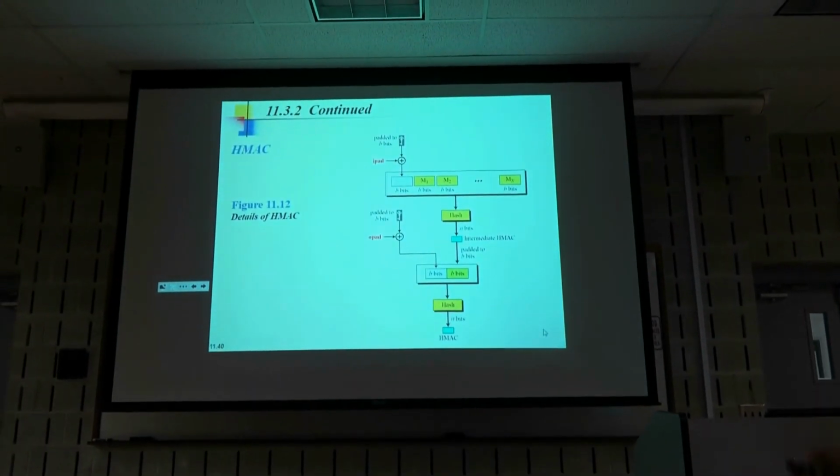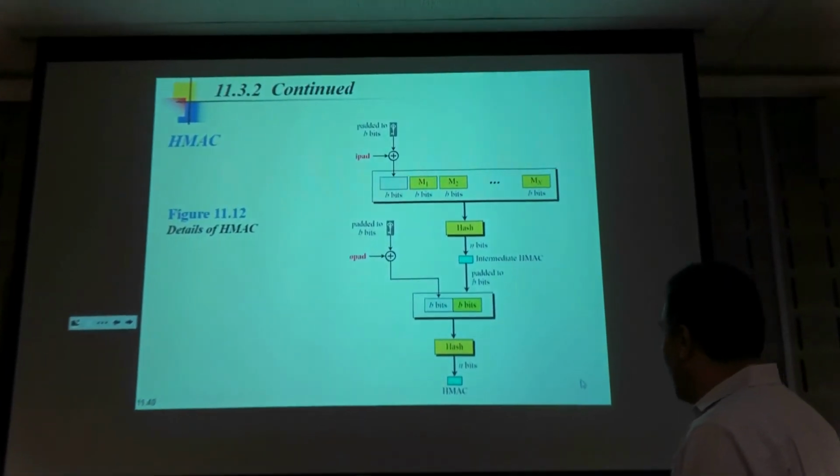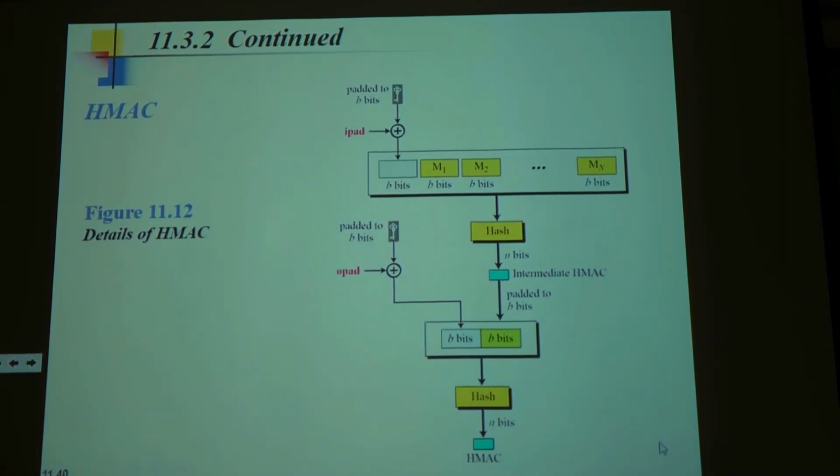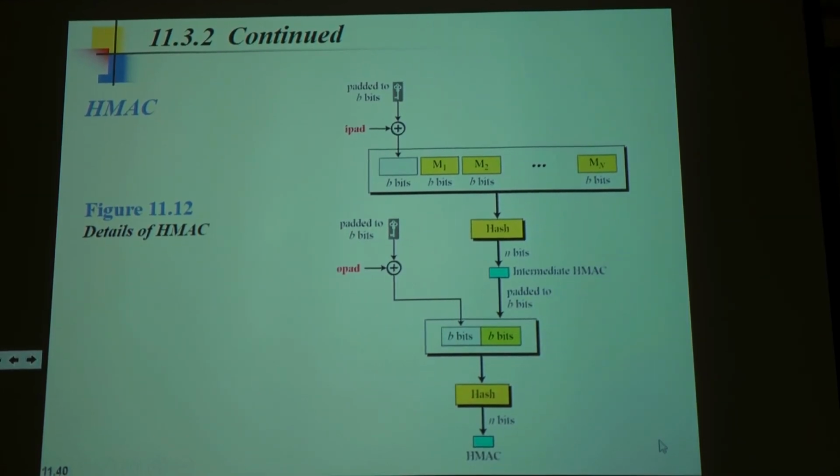In here, there is something called HMAC, which is the hash MAC, a different flavor. So in here, you start by dividing the message. The message is divided in blocks, M1, M2, M3.